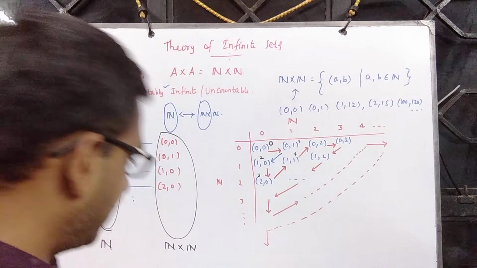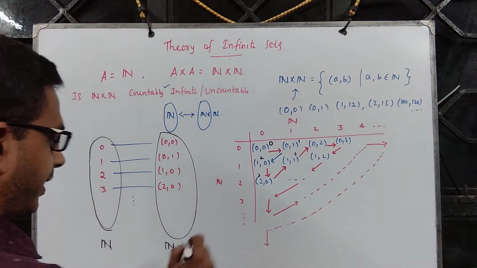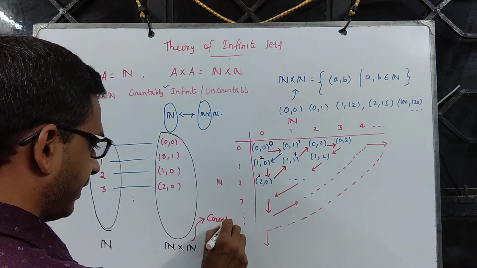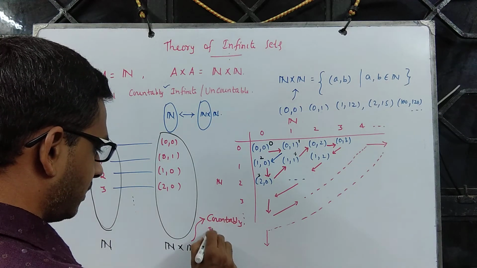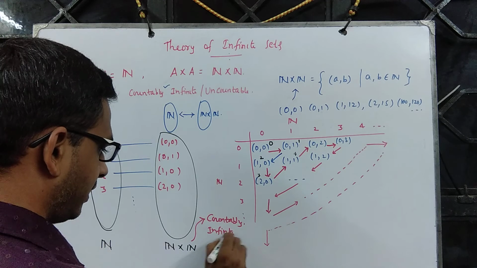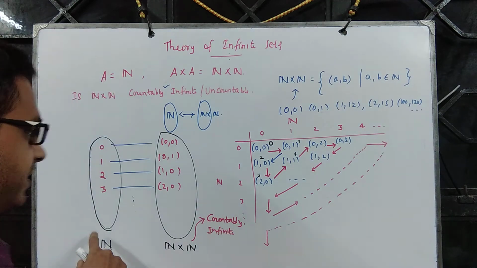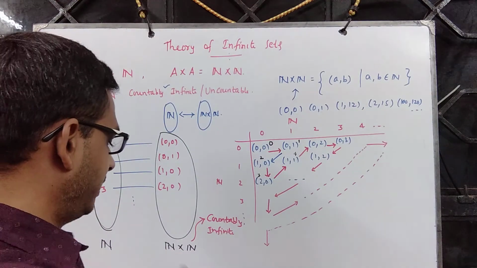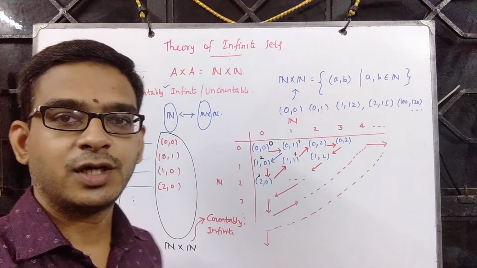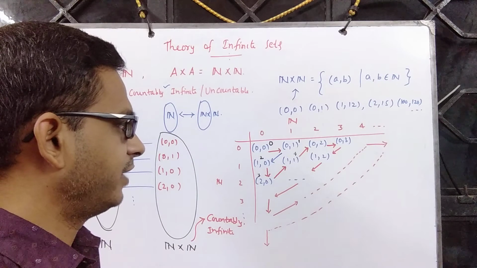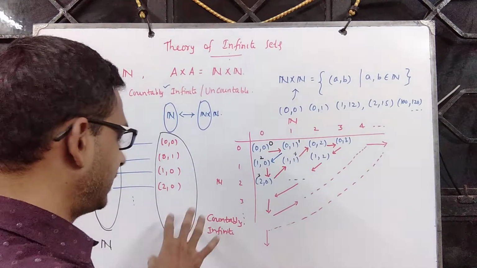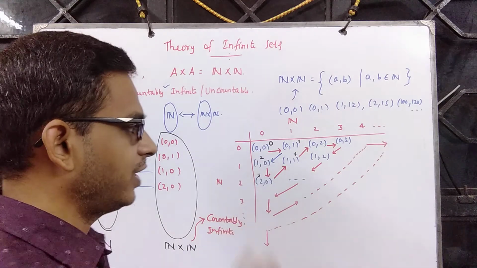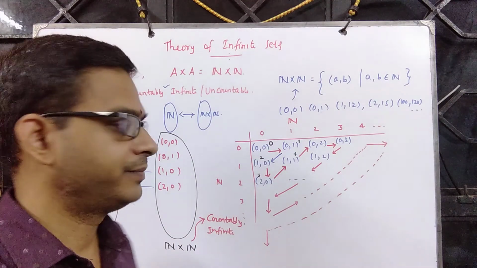So that tells you n cross n is countably infinite. By definition, here is a bijection from n to n cross n. Therefore, the size of this is countable. It is countably infinite. Size of this set is countable, which means there is a specific way of listing this set.